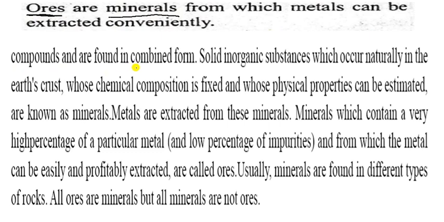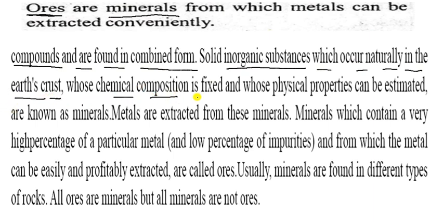Compounds are found in combined form. Always remember, compounds are found in combined form. A solid inorganic substance which occurs naturally in the Earth's crust, whose chemical composition is fixed and whose physical properties can be estimated, is known as a mineral.